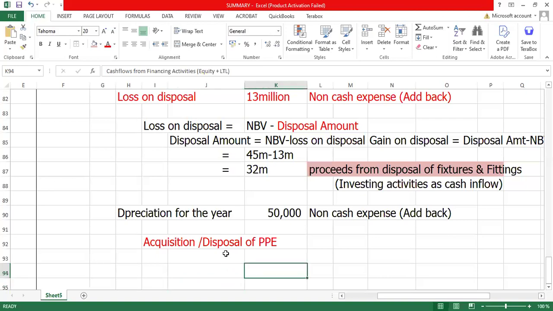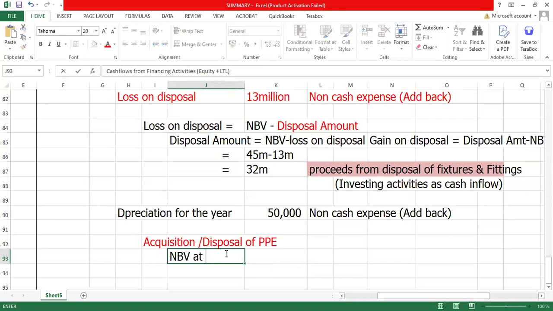And how do you get that? We are going to get the net book value at the start. The net book value at start is the cost minus the accumulated depreciation, or you just say balance brought down.